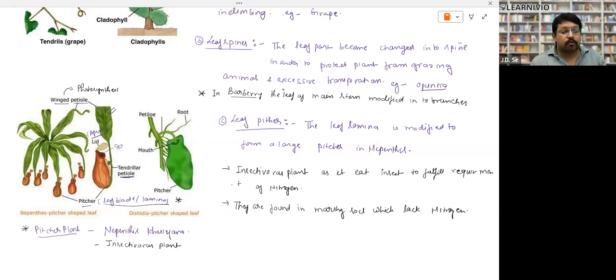Why? Insectivore plants are photosynthetic plants, right? So why do insectivore plants require insects? Why do they eat insects when they perform photosynthesis? Tell me. I've explained it in detail. Whether it is capable of making its own food because it's green. You can see the actual picture of Nepenthes.